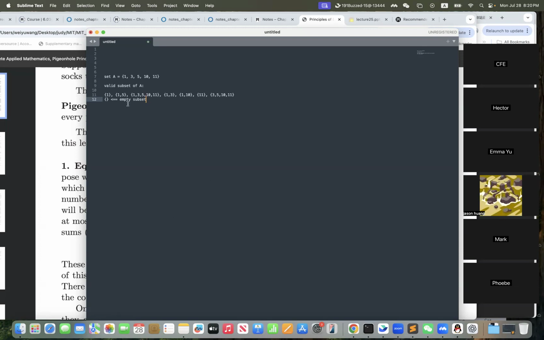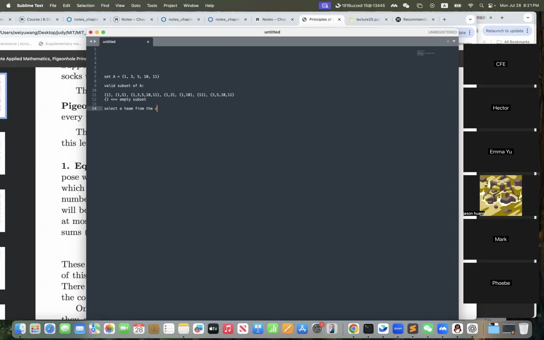You can think about how the subset is formed. A subset is formed by picking numbers from A, right? So we can either pick one or not pick one. Think of this process: we have 5 students in the class, and we try to select a team from the class.